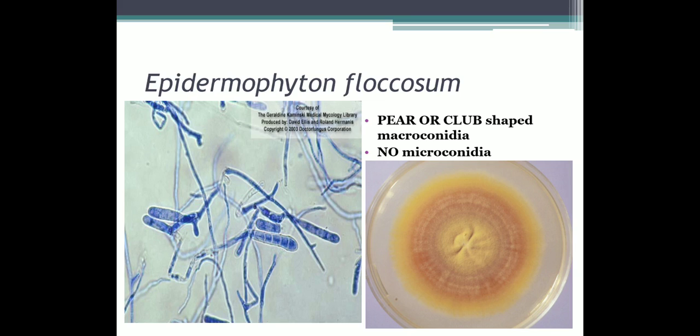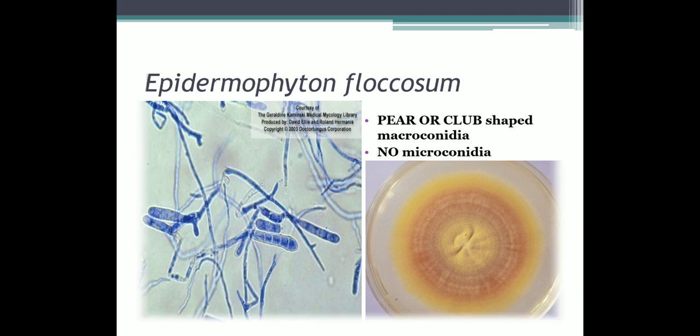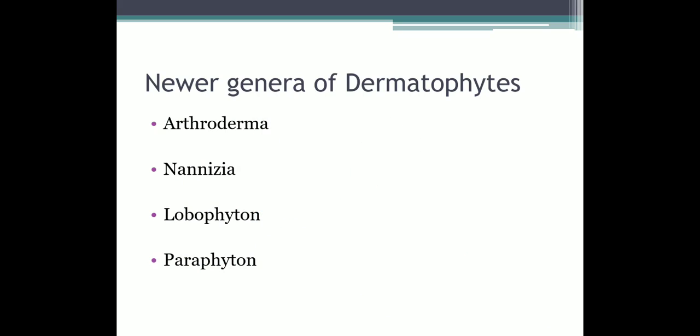Having said that, please also remember that there are certain dermatophytes which do not produce micro or macroconidia. As this is beyond the scope of discussion of the present lecture, for your level, that is for the MBBS level, I am not delving more into details, but it is worthwhile to note that currently more and more genera of dermatophytes have been identified.